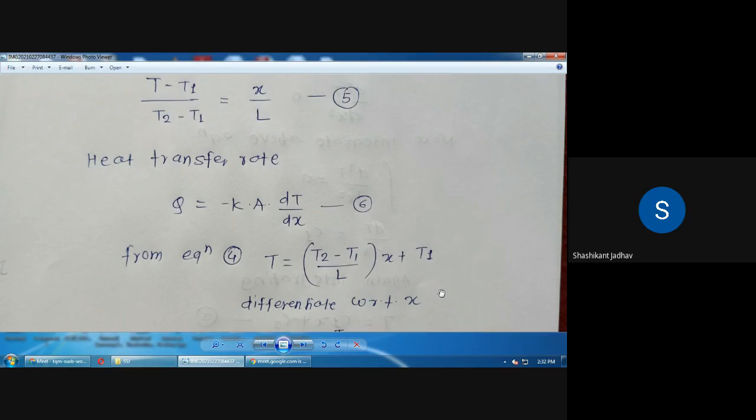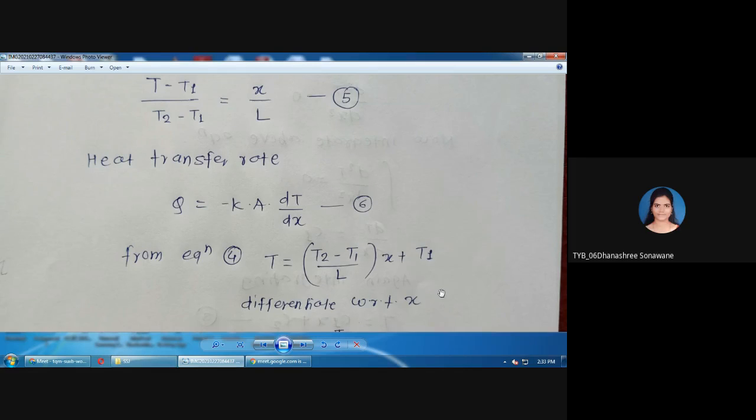What is the final equation for the Q? Samruddhi Deshpande, please unmute yourself and tell me the answer of the Q. You are there or not? Dhanashri.